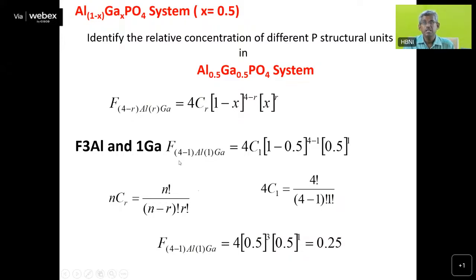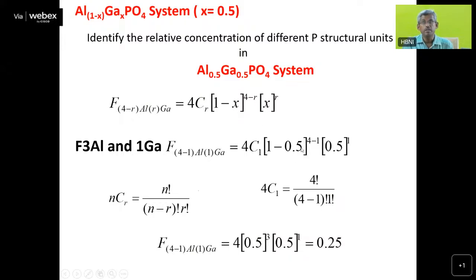So this is nothing but F1, 3 aluminium, 1 gallium as next near neighbors. This can be easily calculated. If R is 1, instead of aluminium you can take gallium also and vice versa. Results will be the same. So if you substitute in this formula, it will become 4C1 because R is 1 gallium.